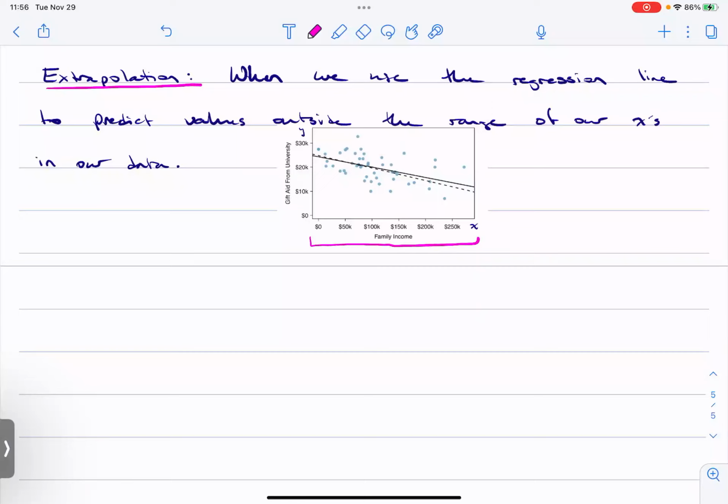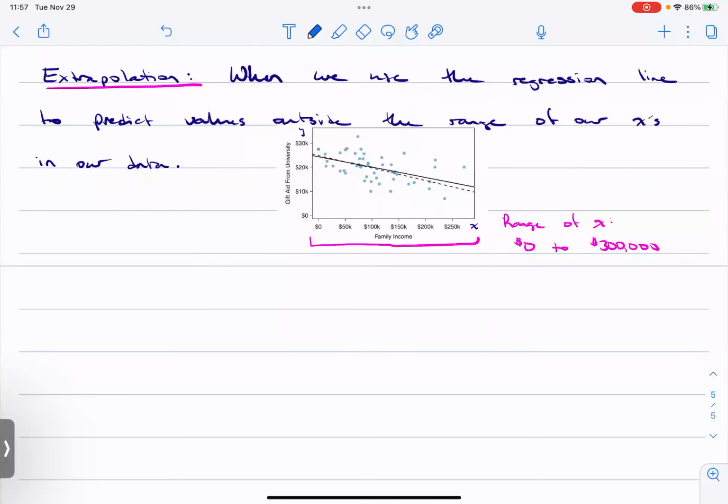So here, the range of x is roughly from $0 to roughly 300,000. Quite often, actually, the intercept is an extrapolation, and that would mean that it's not meaningful. It just is where it crosses the y-axis.